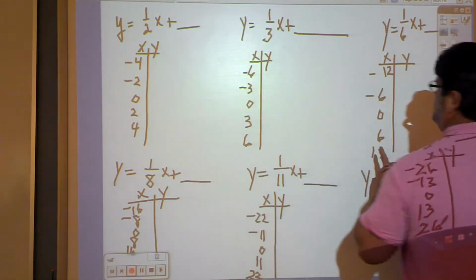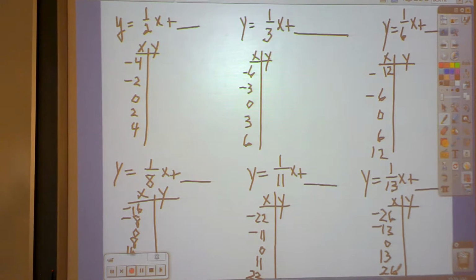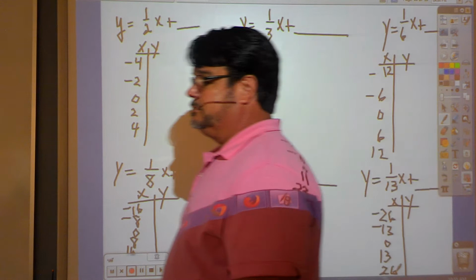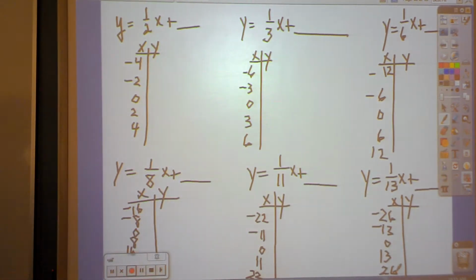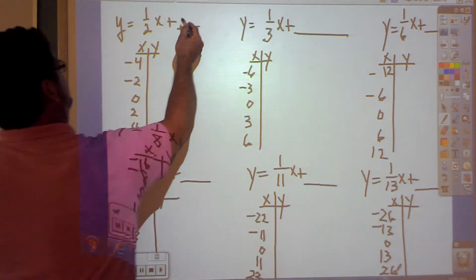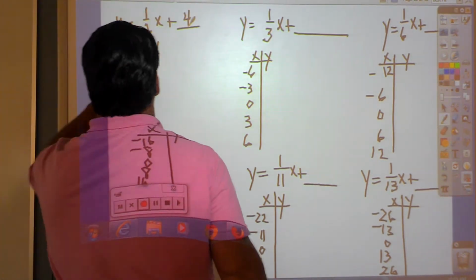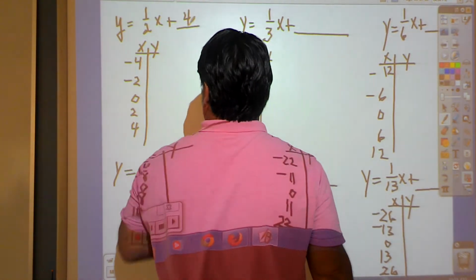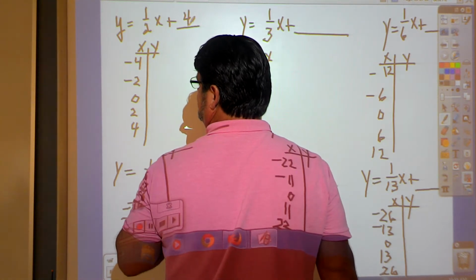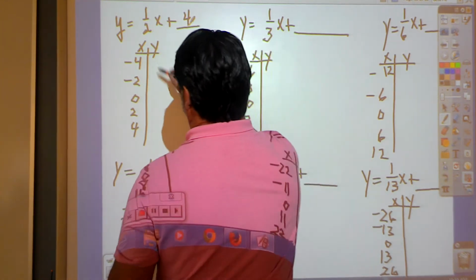And what do I do when I use multiples of the denominator? What happens to the fraction? It cancels. You get whole numbers. So let's do one. Let's say this is 1/2 x plus 4. Well, what's -4 divided by 2? -2. And -2 plus 4 is 2.